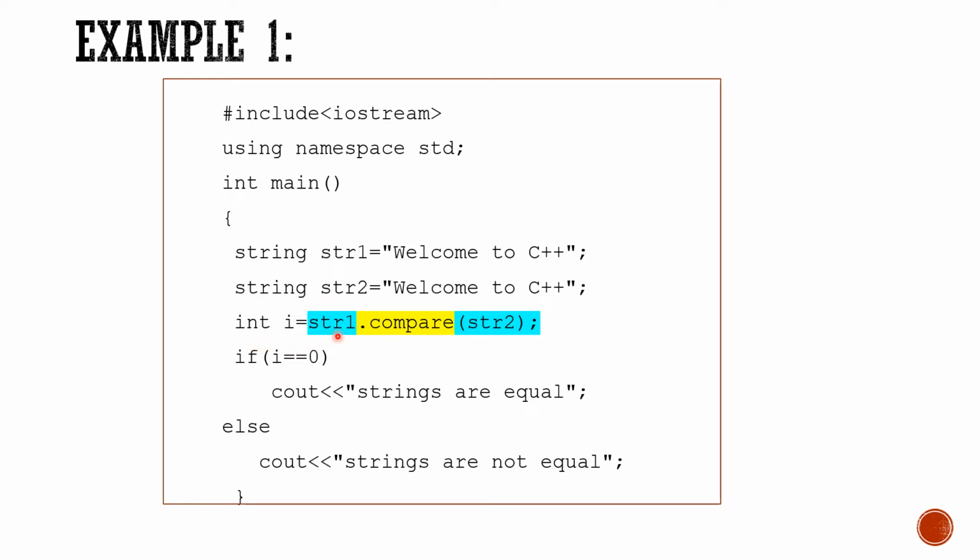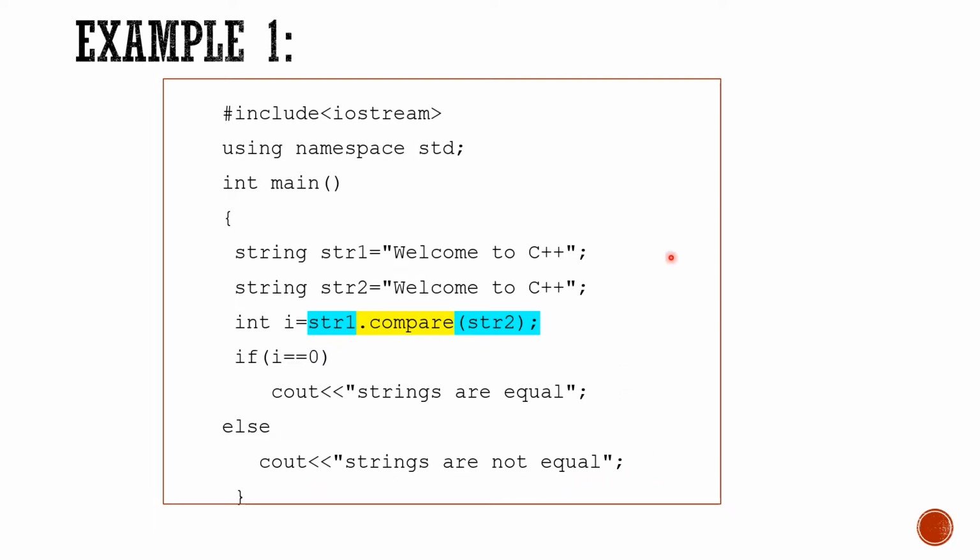Then we put str1.compare(str2). If i equals 0, meaning the strings are equal, it will display strings are equal. Else, it will display strings are not equal.